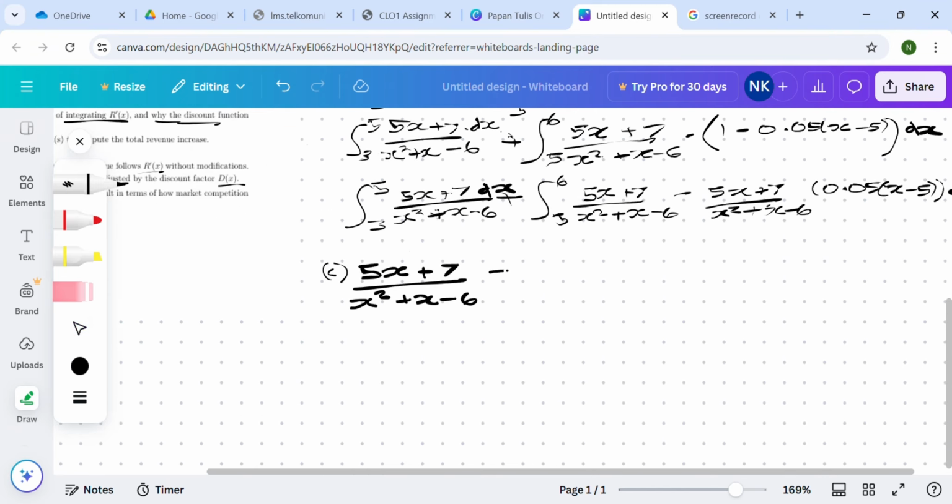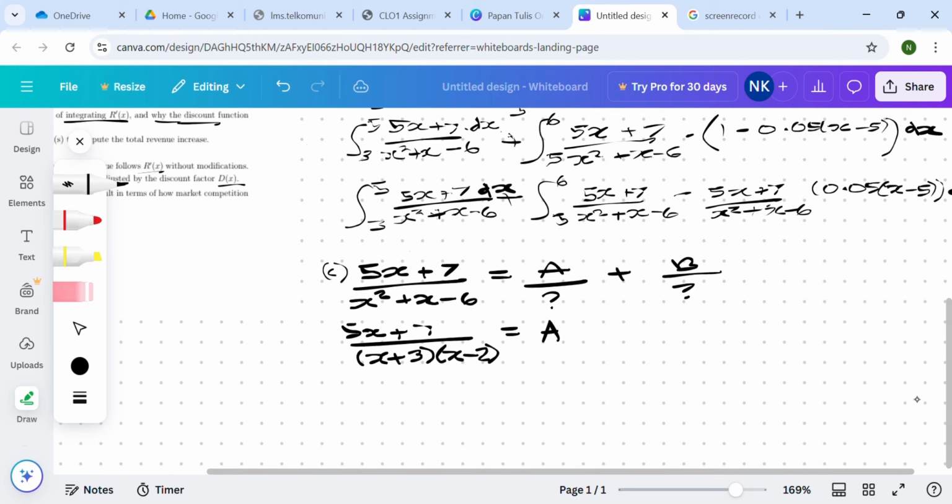(5x + 7)/(x² + x - 6) should be rewritten into the form of A over something plus B over something, because x² + x - 6 is also equal to (x + 3)(x - 2). So A is over x + 3 and B is over x - 2.